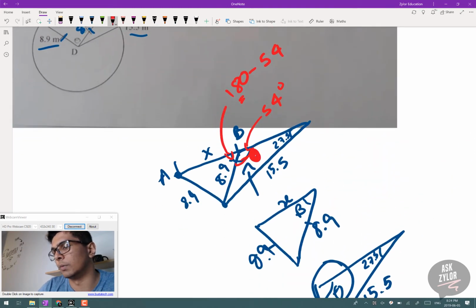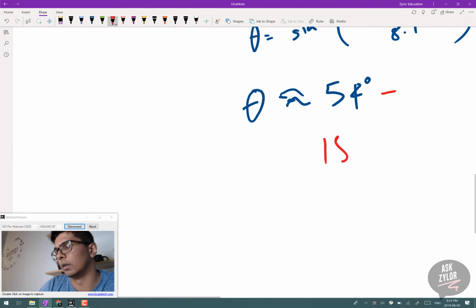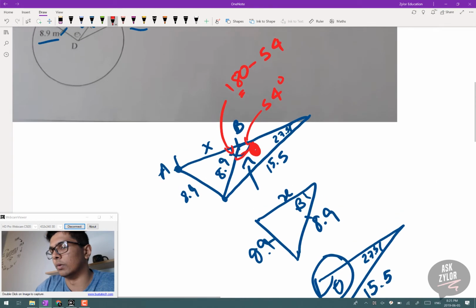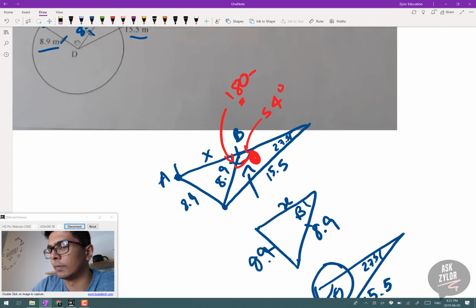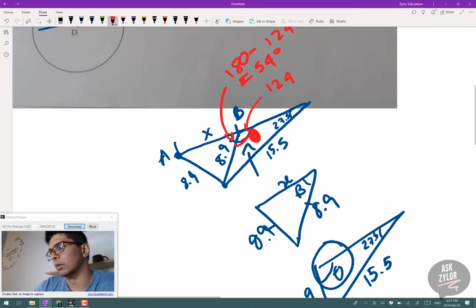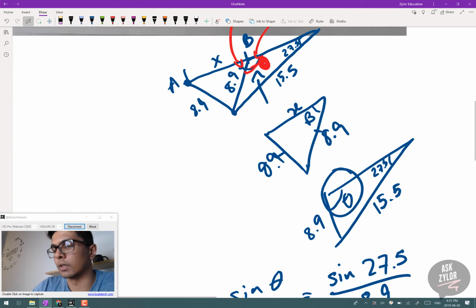So this is clearly an obtuse one, so I'm going to do 180 minus 54 to give me 126.4 degrees. Right. So then I can do 180 minus 126, which is the same as saying 54, right? So if that is 54 degrees, then we can solve that triangle.